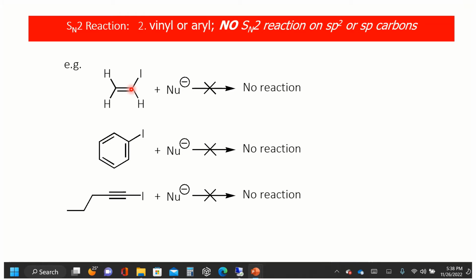This is an sp2 carbon. The bond is too strong, the carbon-halide bond is too strong for dissociation. The same thing here with this aryl halide. That's an sp2 carbon. And the same thing here with the alkynyl halide, because that's an sp carbon. So in all these cases, working with a normal nucleophile will not work.